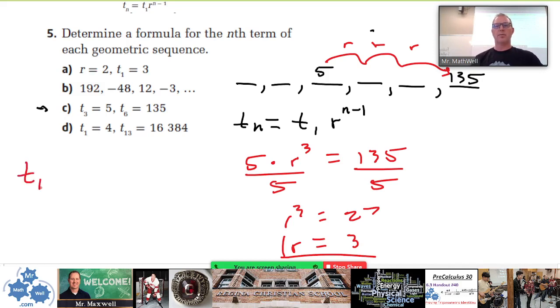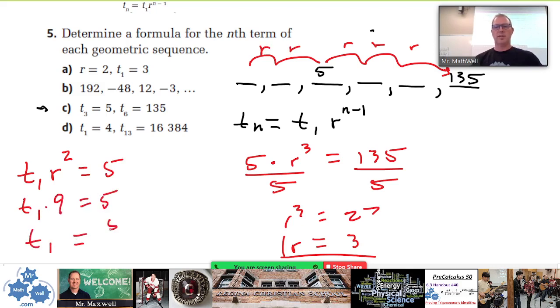So T1 times r squared is going to be 5, because there's 2 r's here. So r is 3, so T of 1 times 3 squared, which is 9, equals 5. So T of 1 is 5 over 9. It's going to be a fraction, looks like.